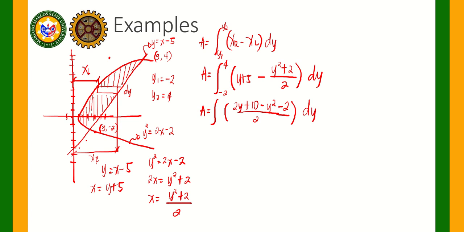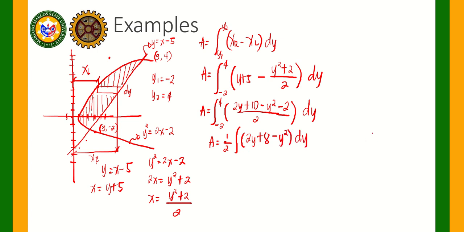And then, dy. And then, simplifying this one, we can actually, limits natin from negative 2 to 4. We can isolate si constant natin. So, our area is equal to 1/2 times the integral of, simplify natin yung ating function. This is equal to 2y. So, positive 10 minus 2, that is positive 8. And then, minus y squared dy.